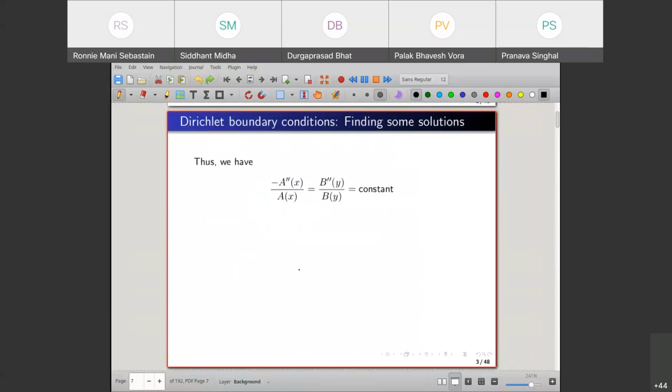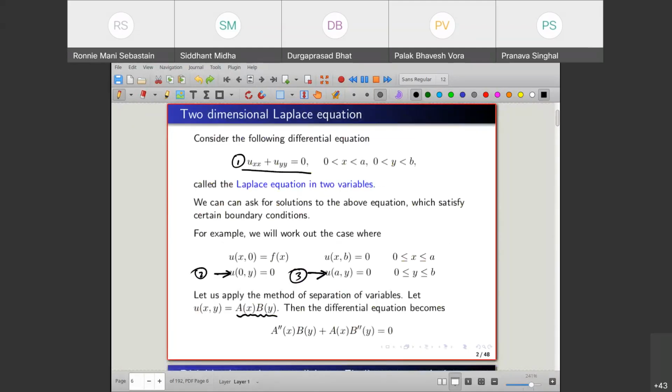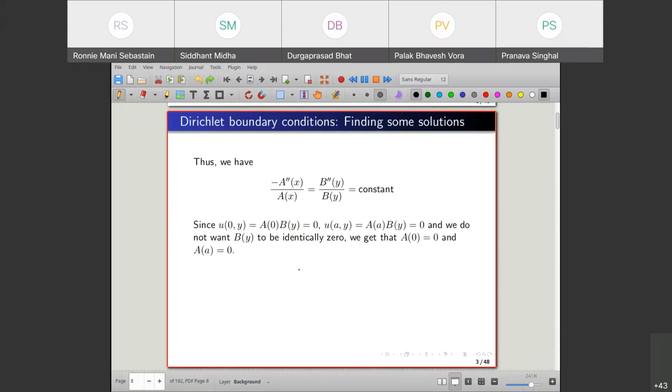Then this differential equation is this, which means we separate the variables, and each of these functions has to be a constant. Moreover, when we look at conditions 2 and 3, we get that u of 0 comma y should be 0 and u of a comma y should be 0. Since we don't want b to be identically 0, this forces a of 0 to be 0 and a of a to be 0.